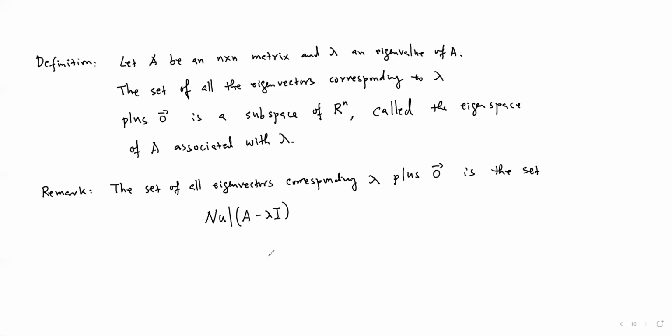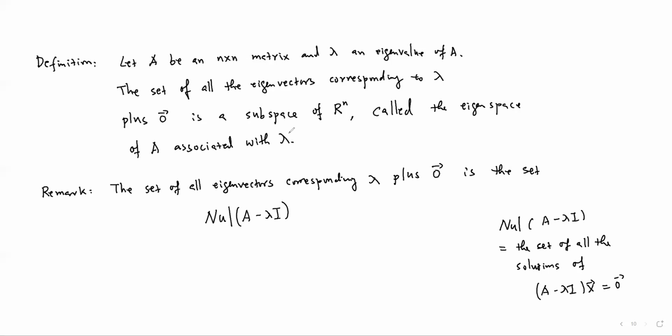Do you remember the meaning of a null space? A null space of a matrix means the set of all the solutions. The null space of this matrix is the set of all the solutions of this homogeneous linear system.